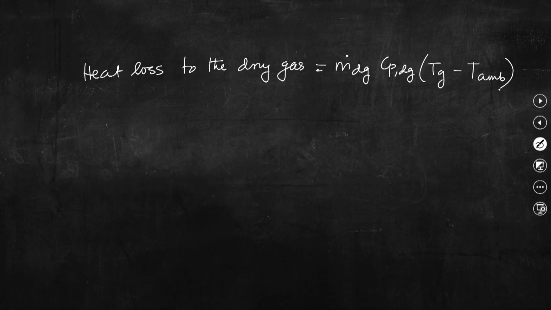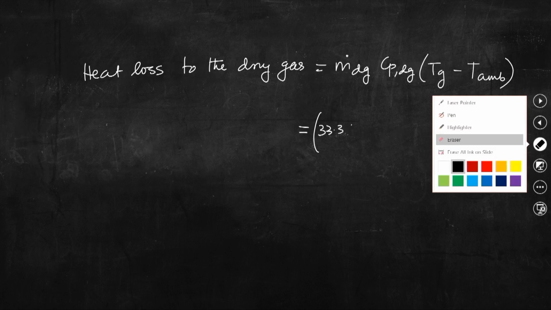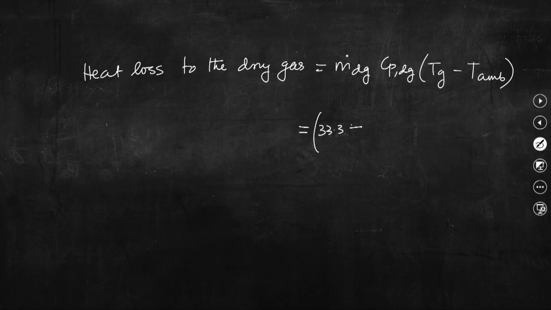Okay. So, m dot Dg, that you have already calculated, 33.3 minus, if I erase this part, so it is minus 0.11 into 1.3 into 9, into Cpg.